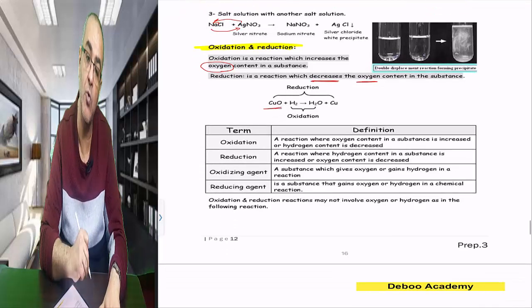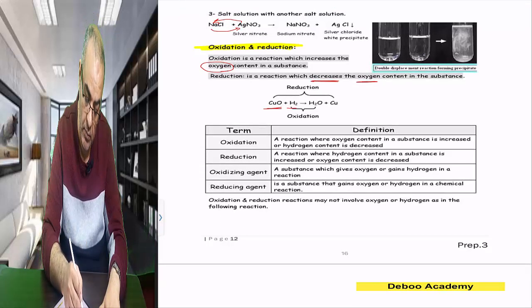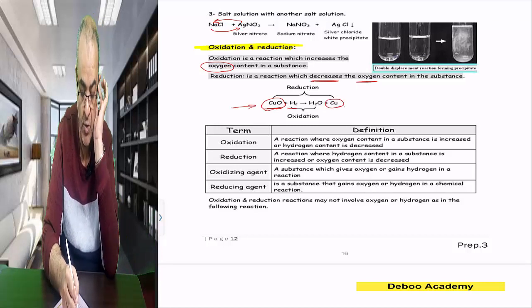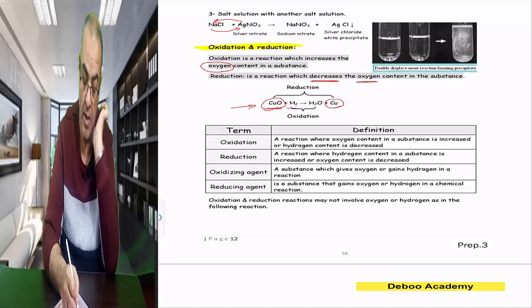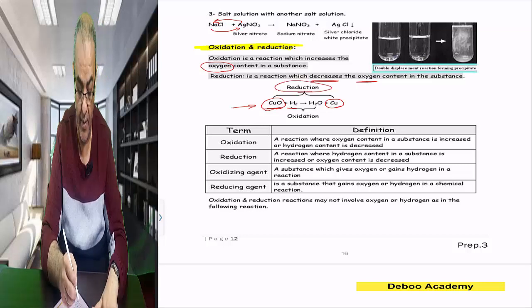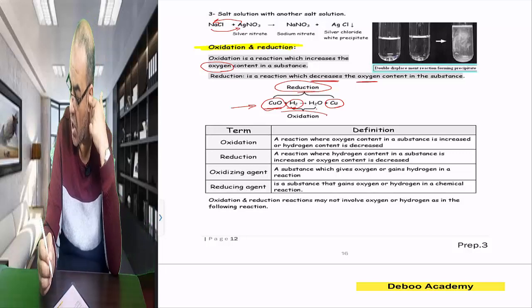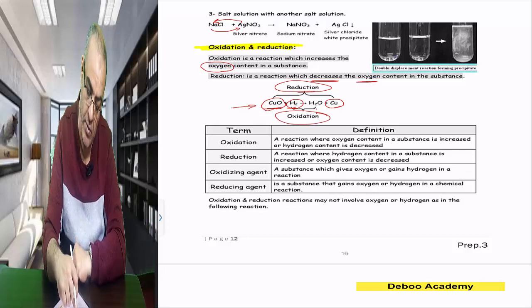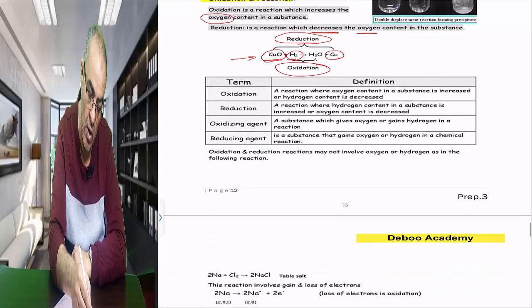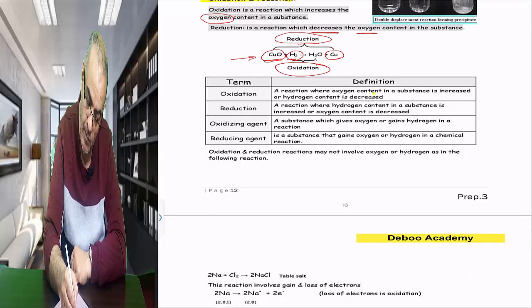Here, CuO plus H2: CuO here is rich in oxygen and here it is poor in oxygen, so it lost oxygen. A reduction is happening. Oxidation: here there is no oxygen, here there is oxygen, so it is oxidation.